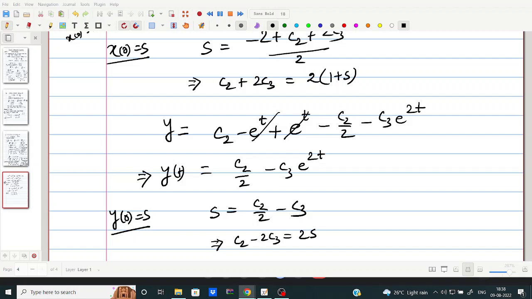And what is c3? c3 equal to c2 minus 2s by 2, right? So c2 minus 2s by 2 is 1 plus 2s minus 2s by 2, simply half.